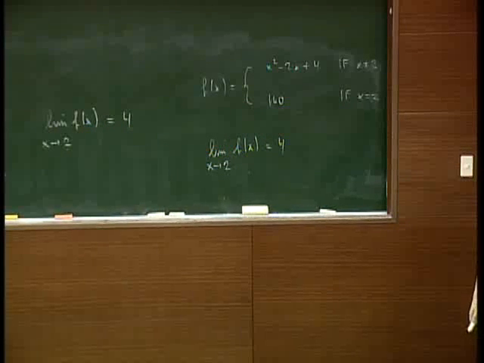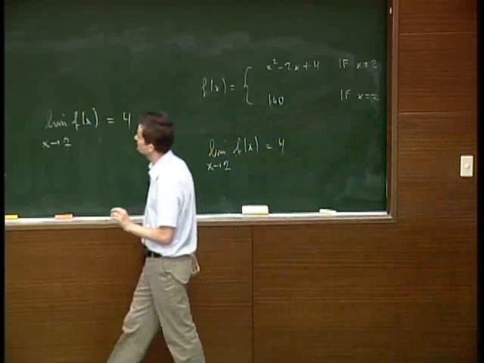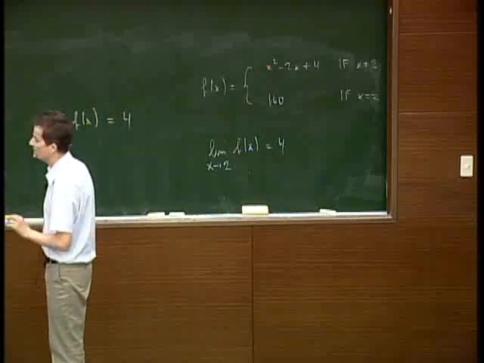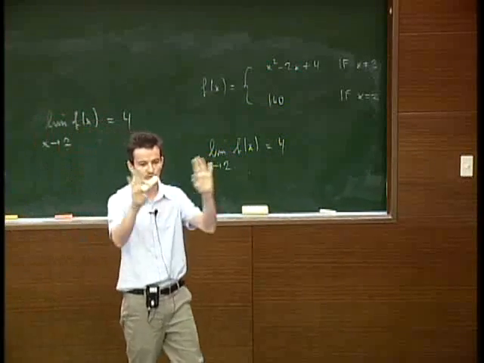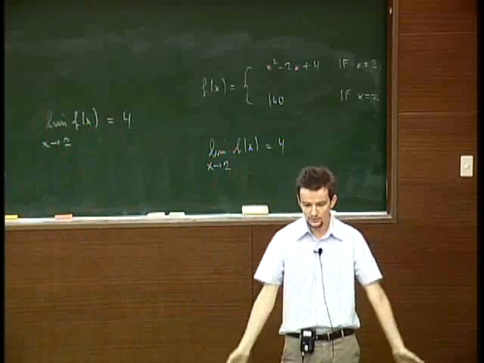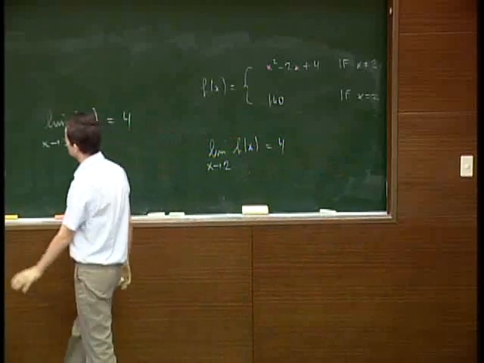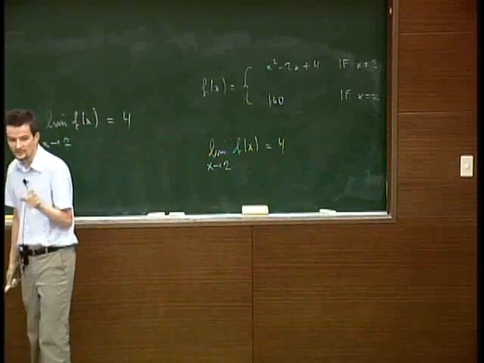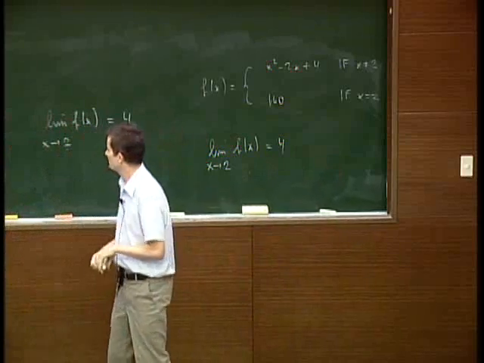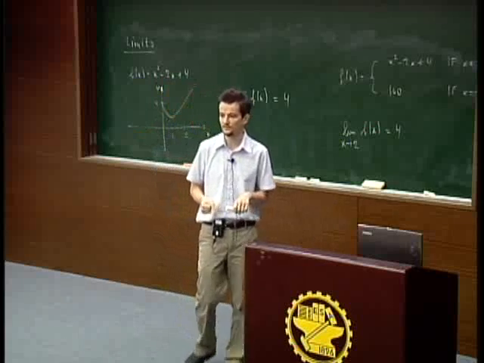Now maybe let's turn to a more complicated example. At the moment, you have forgotten everything you have learned in high school, so the only way we can find limits is by using your calculator, or by plotting the graph and then looking at what is going to happen if you approach some number.